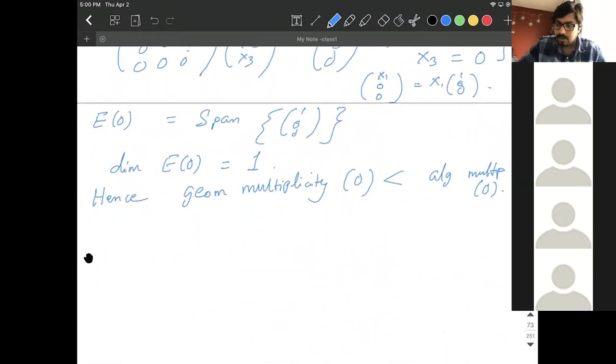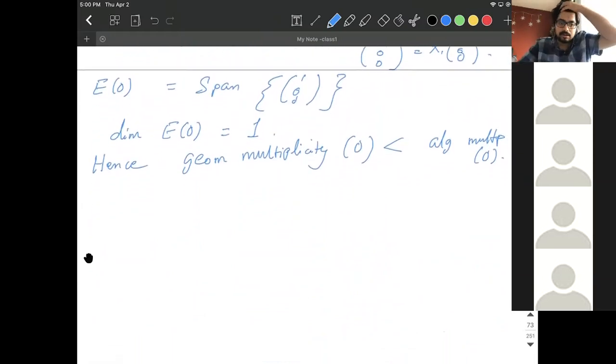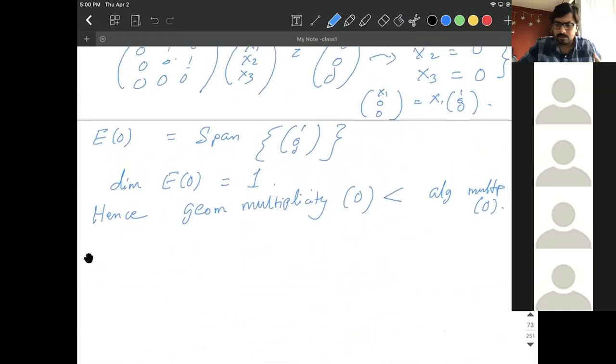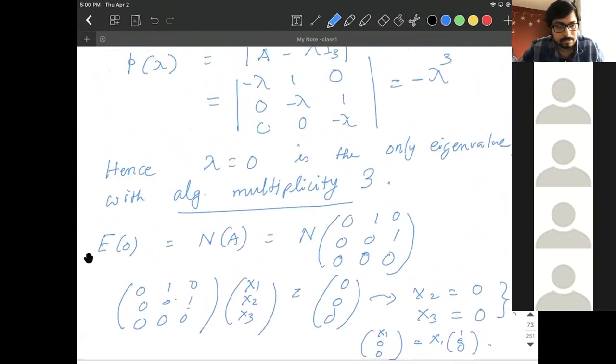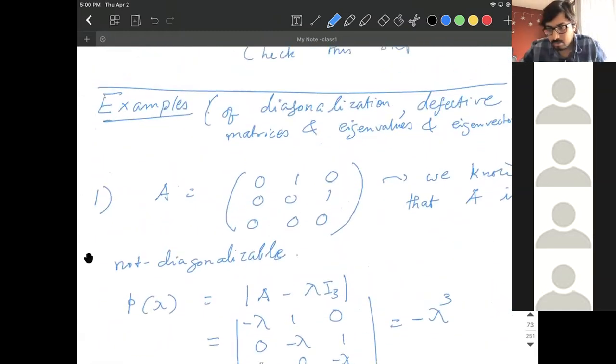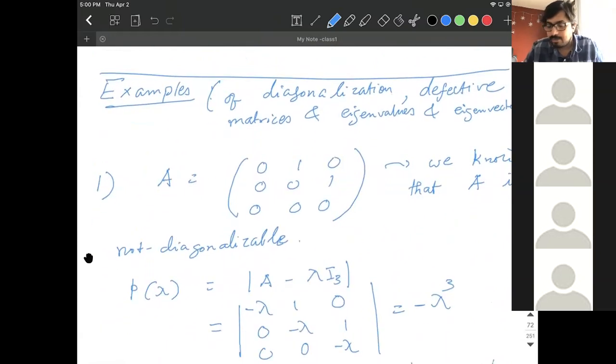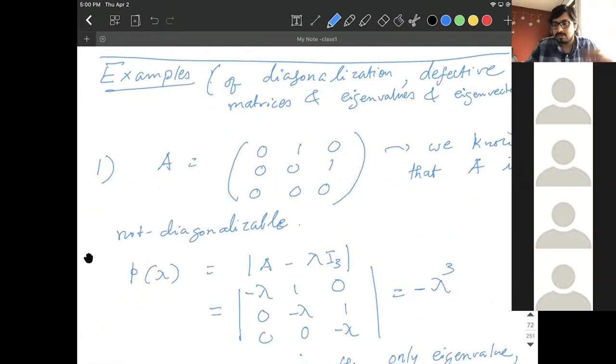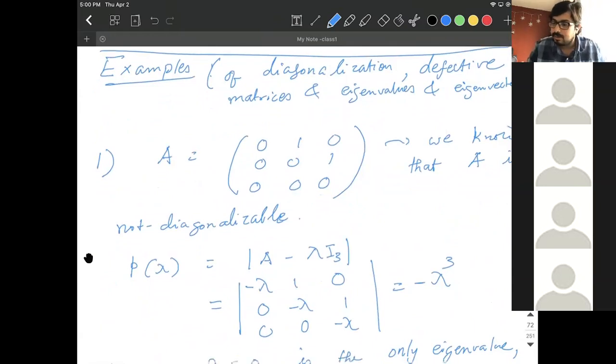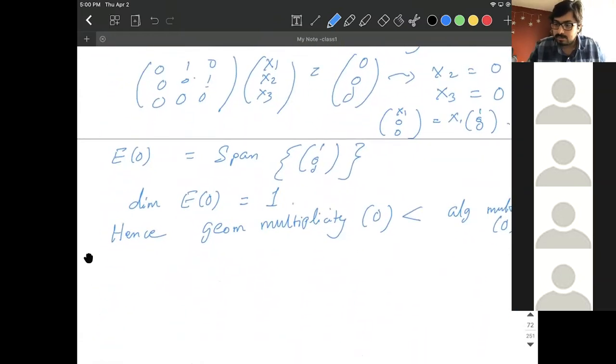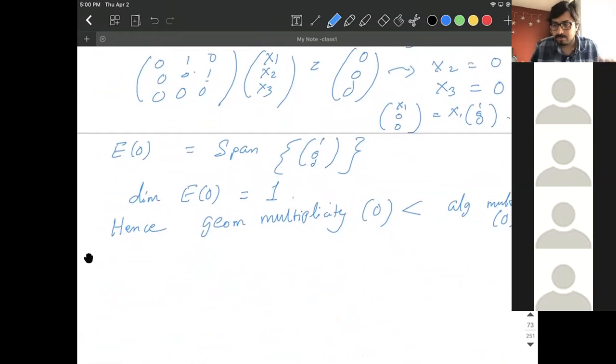So that's another reason why this is not diagonalizable using whatever theory we have set up. I mean, for general matrices, you cannot use such reductio ad absurdum kind of arguments, which we did for A, but you can always use this type of argument to show that the geometric and the algebraic multiplicities do not match.